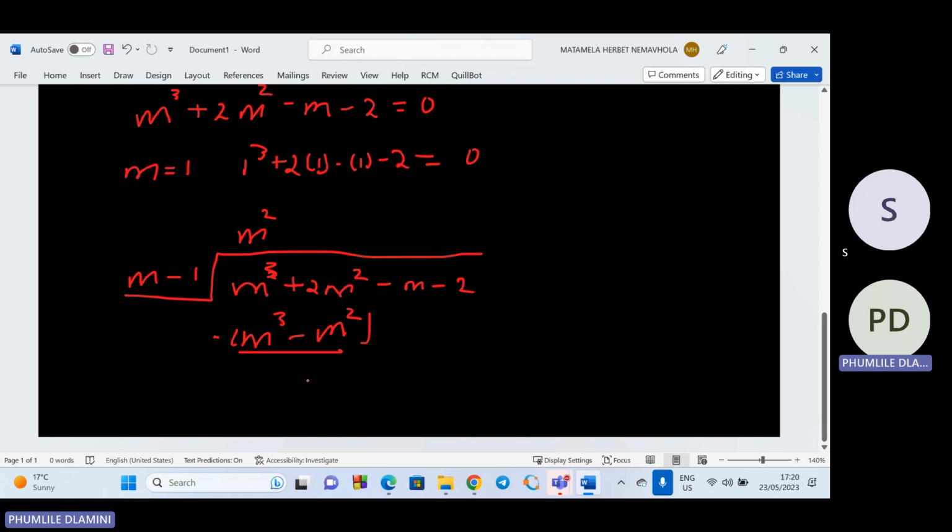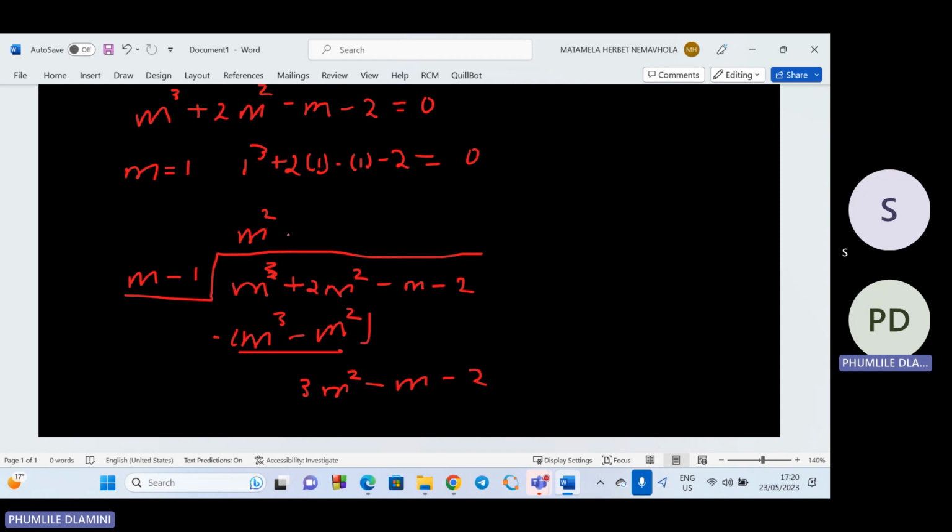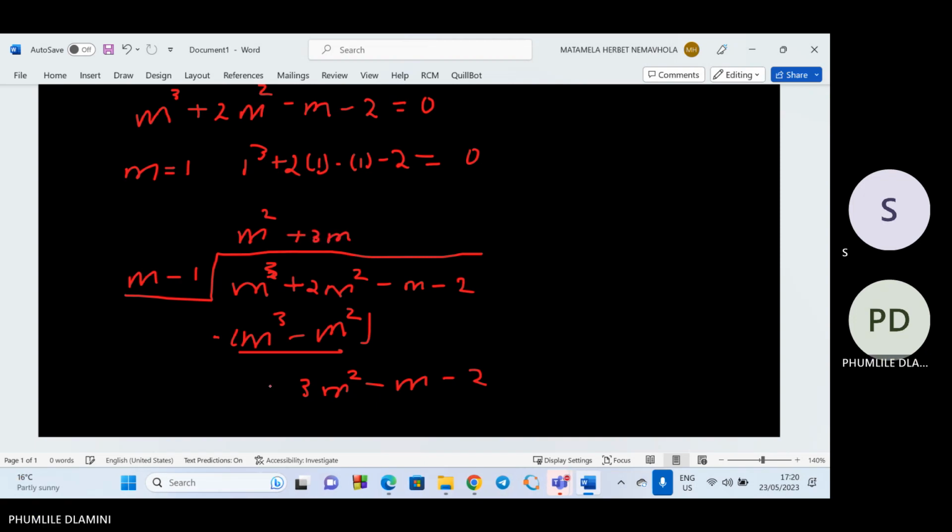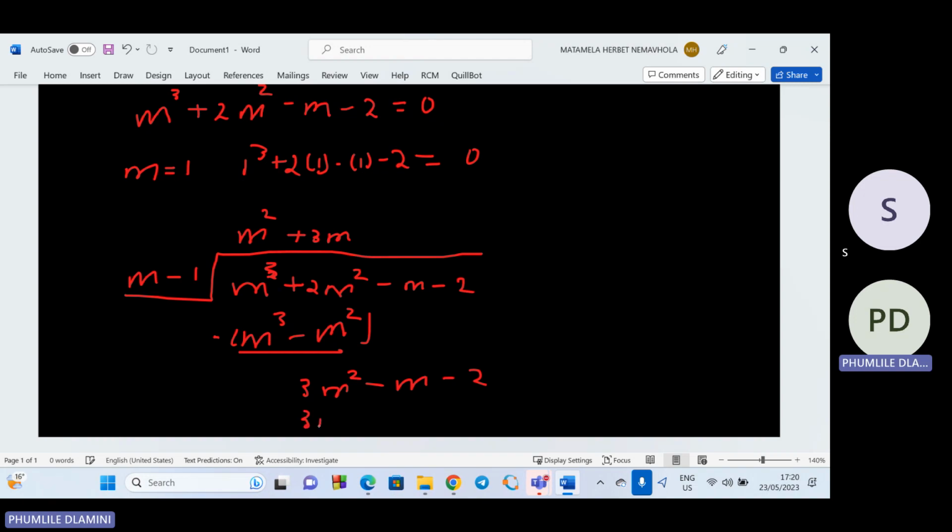Plus this one gives us 3m squared, then minus m, and minus 2. Then we divide by m again, and we're going to have plus 3m.